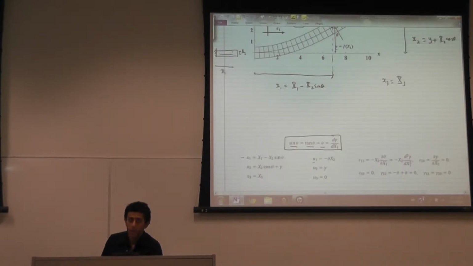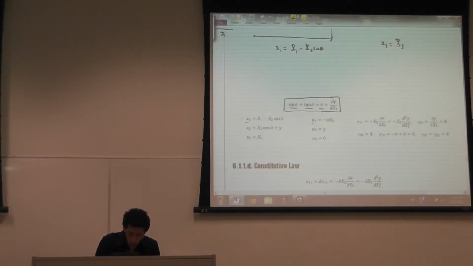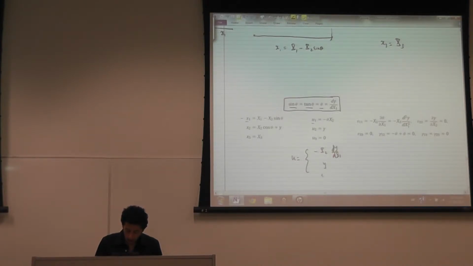The displacement is equal to the new position minus the old position, so you end up with this vector u, equal to negative x2 theta, where theta is dy by dx1, y, and 0.